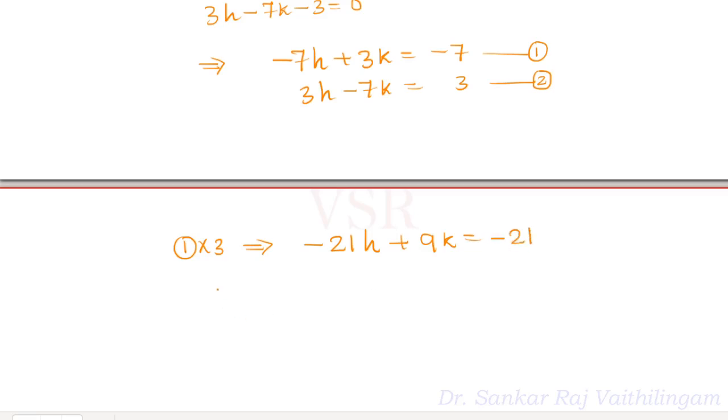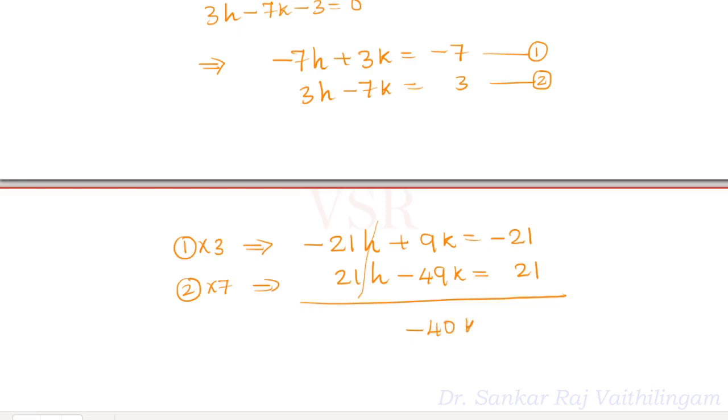Okay, ரெண்டாவது ஈக்குவேஷன் என்ன பண்ணோம்? 7 ஆல மல்டிப்ளை பண்ணோம். அப்போ this implies that 21h minus 49k which is equal to 21. So இது ரெண்டையும் ஆட் பண்ணிடலாமா? இது ரெண்டையும் ஆட் பண்ணும்போது this and this will get cancelled. அப்போ இங்க என்ன கிடைக்கும்? minus 40k which is equal to 0. So this implies that k which is equal to 0.